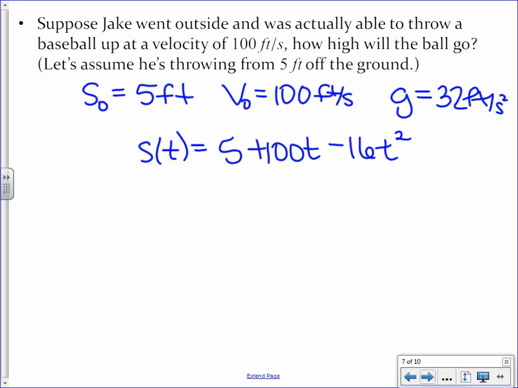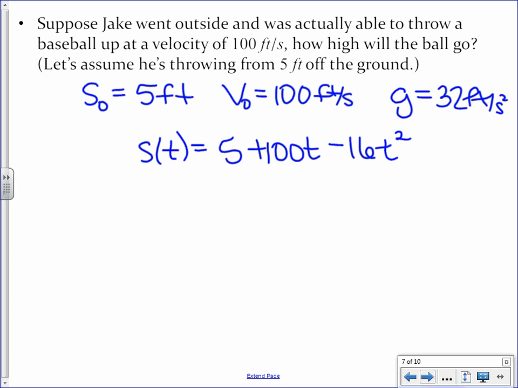If I want to know how high the ball would go, what would be special about that point? The velocity would be 0, which means we need to find the critical point. Wherever my ball goes from going up to down, our velocity is 0.